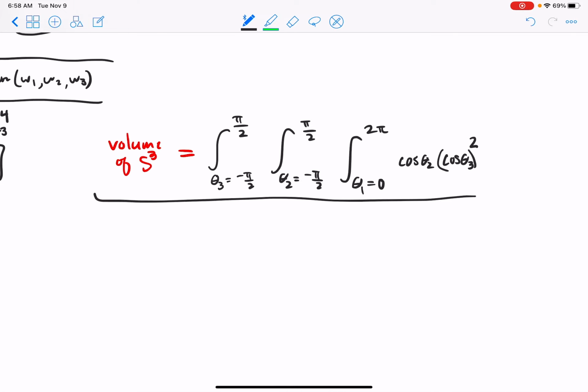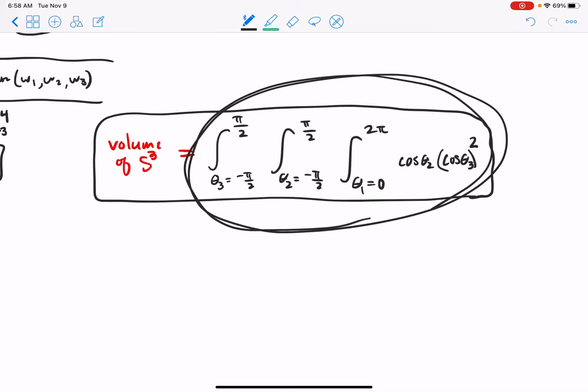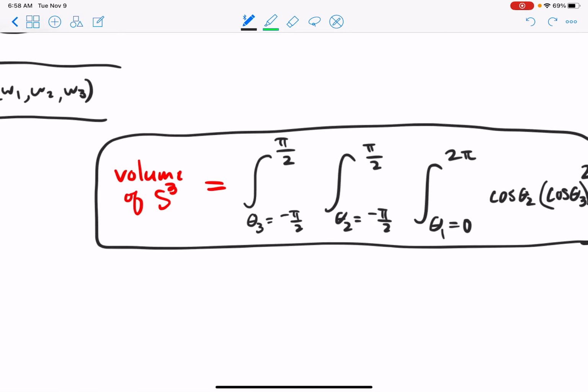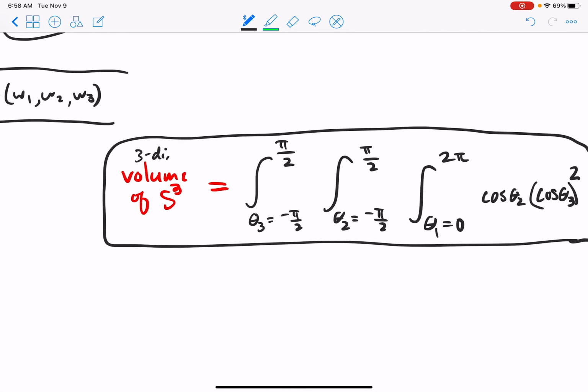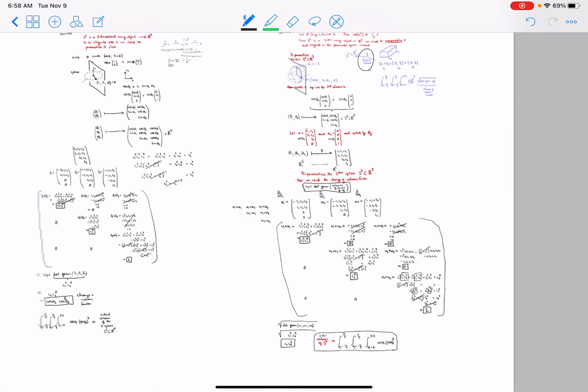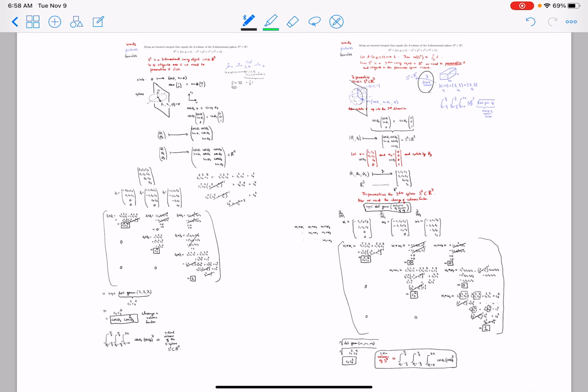That's it. You can now plug this into the computer and get the volume of a 3-dimensional sphere. I'll say the 3-dimensional volume. Okay. Looks pretty good. There were 2 parts. There was the parametrization of the sphere, and then the calculation of this change in volume factor.